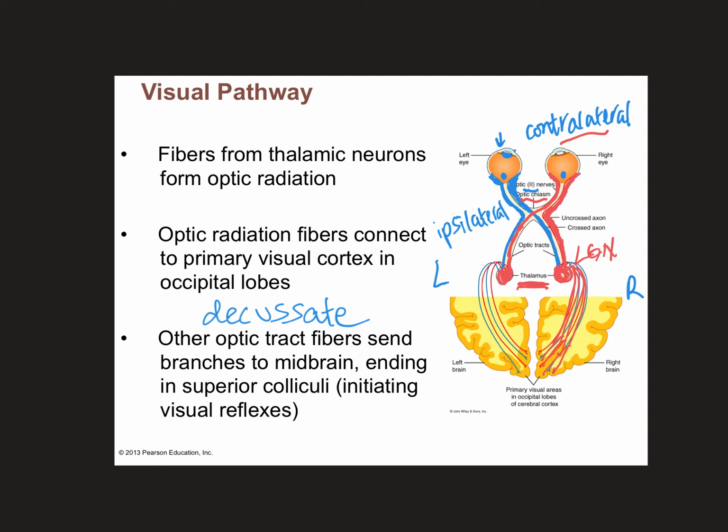The optic radiations carry that processed information from the thalamus to these different nuclei in the more specialized cortical areas, and the specialized visual areas are in the very back of the brain in a lobe called the occipital lobe. And in those areas are things like the primary visual cortex, the association visual cortex, all the areas that help you put stuff together so that you know what you're seeing, you know what you're looking at.